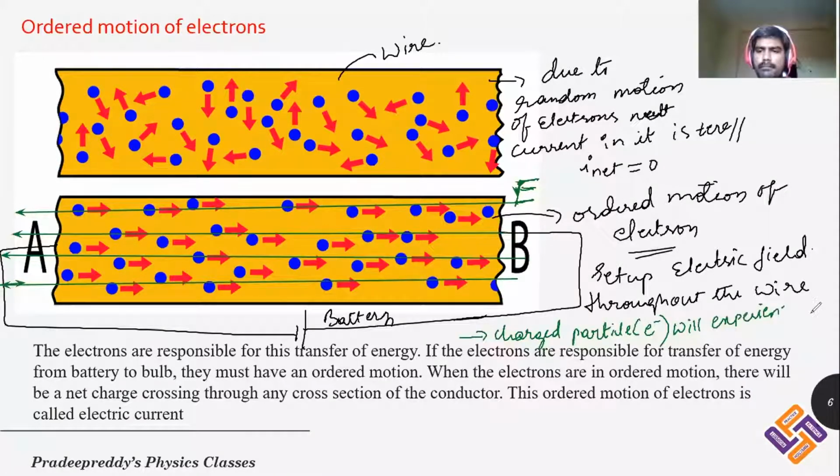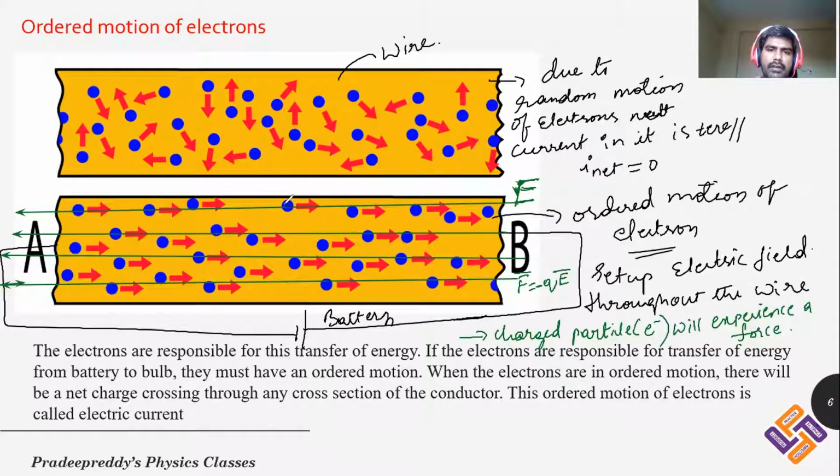This electron will experience a force, and that is in which direction? You have F = qE. Now as this charged particle is an electron, it will have negative charge, so it is F = -qE. Force and electric field are opposite to each other. That is the reason why this green arrow marks are pointing leftward, but the red arrow marks are pointed rightward.